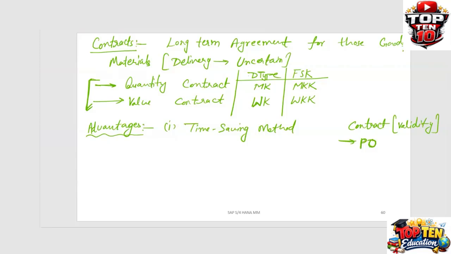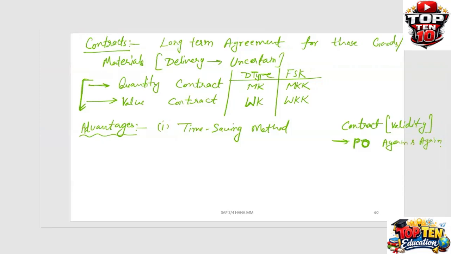After that, create a purchase order, and then create purchase orders again and again. But make sure that if a contract is created for 1000 quantities, all of PO1, PO2, PO3 should not take more than 1000 quantities together.